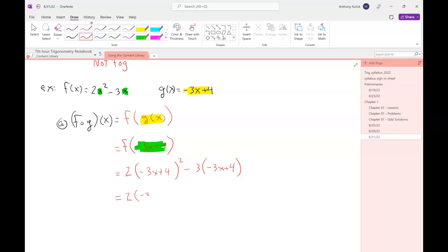What negative 3x plus 4 squared really means is negative 3x plus 4 times negative 3x plus 4. Right? If I do that, what are you going to do? FOIL, right? Now, what am I going to do with that 2 out front? Well, I'm just going to ignore it for now. I'm going to do the foiling, and then I'll distribute the 2 in at the end. This would be my preference, is the way to do it. Is that okay with you guys?